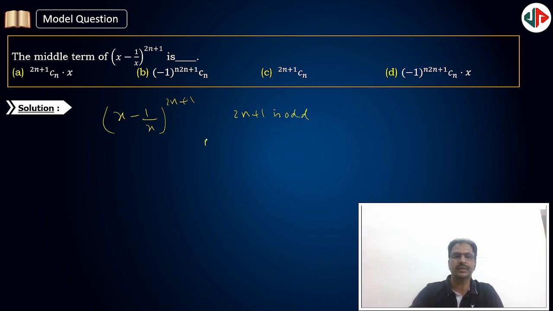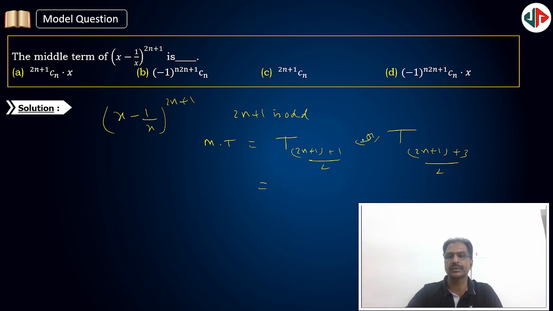When the index is odd, the middle terms will be T (n plus 1) by 2 or T (n plus 3) by 2, which means there will be two middle terms. So this is Tn plus 1 and another one is Tn plus 2, out of which one will be given.